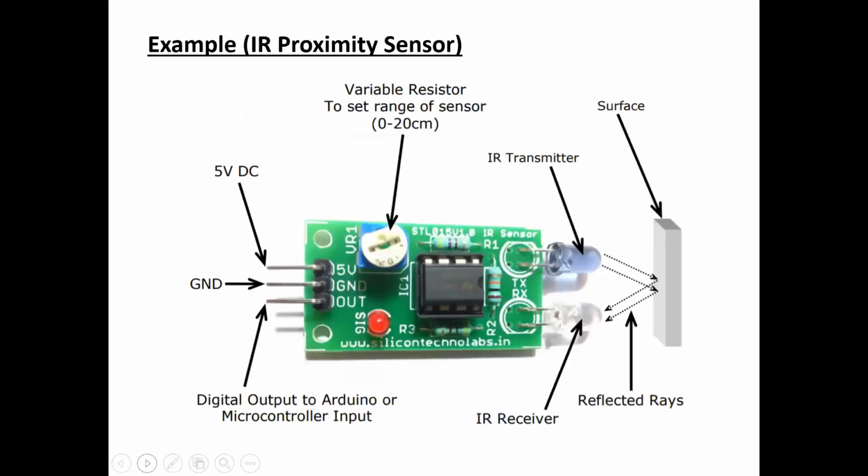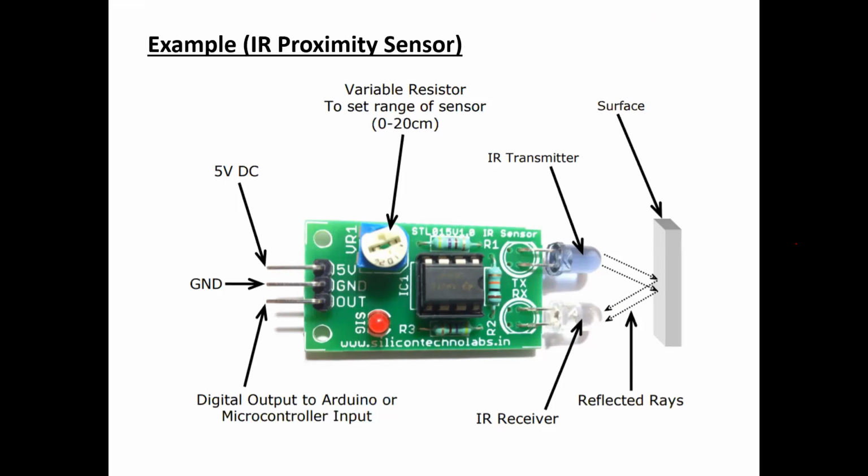Now, as an example, this sort of photodiode can be used to construct proximity sensors. So this could be one of the examples of how photodiodes can be used.